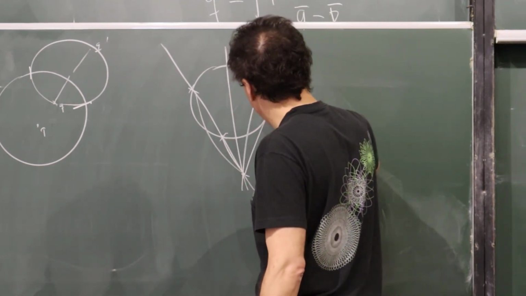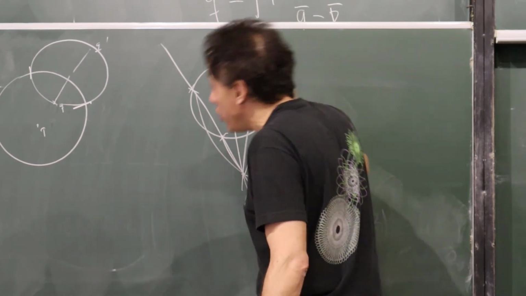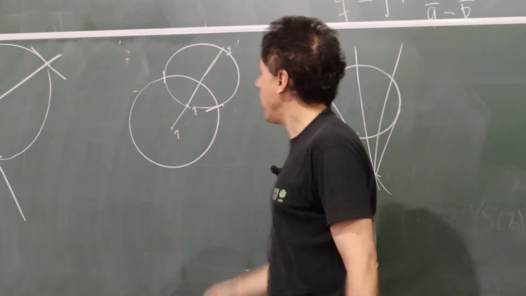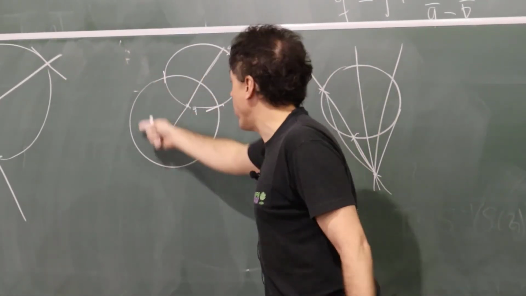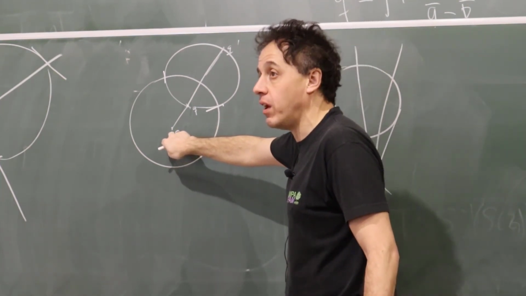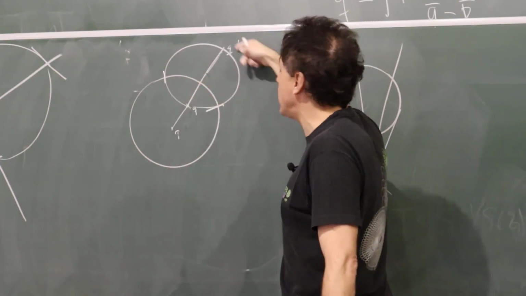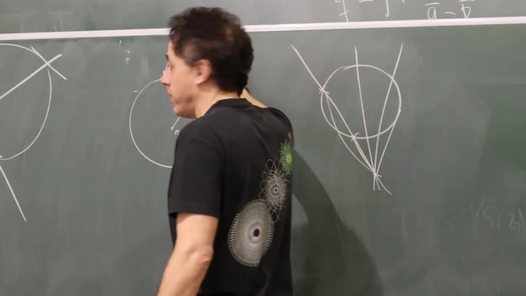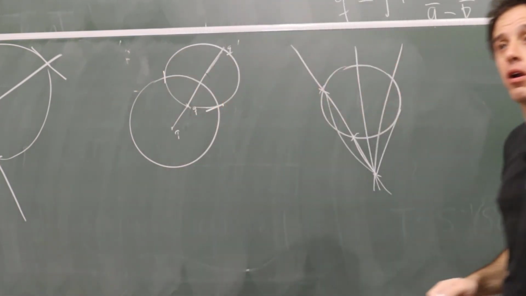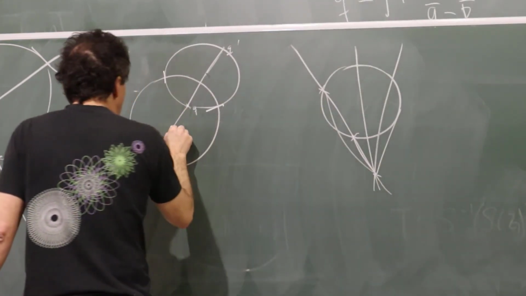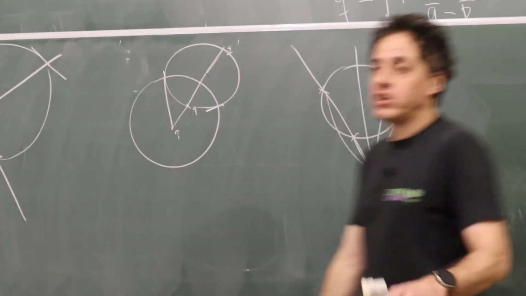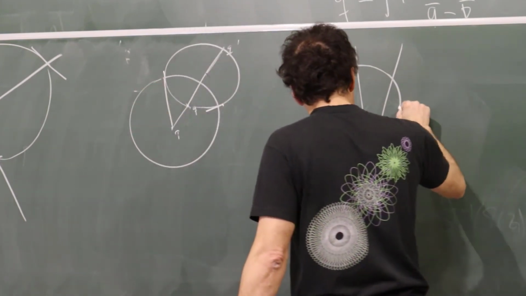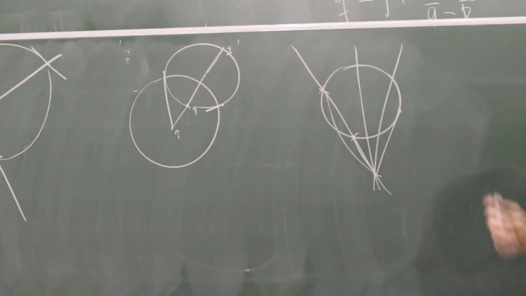In fact, this is this distance squared. So the power of the center of your circle with respect to this circle passing through Q and Q prime is r squared, the square of the radius of the original circumference, and r squared is also this square. So these circles must be orthogonal. That's more or less the reason.